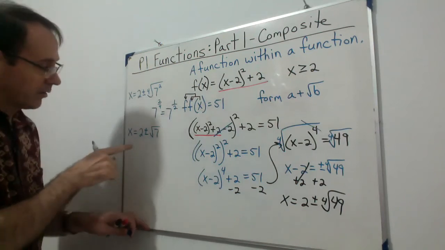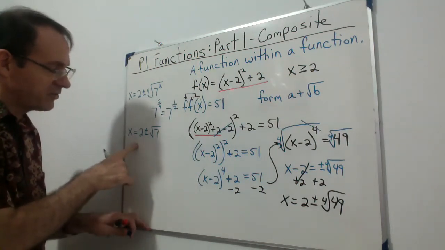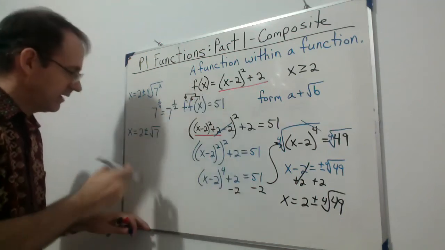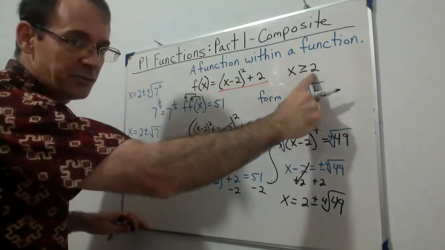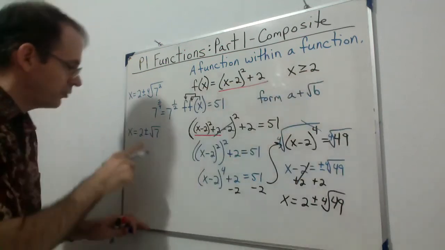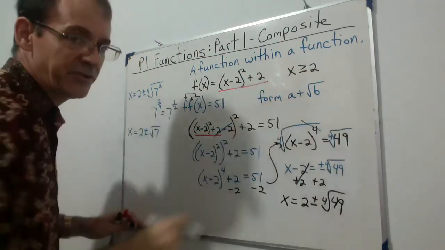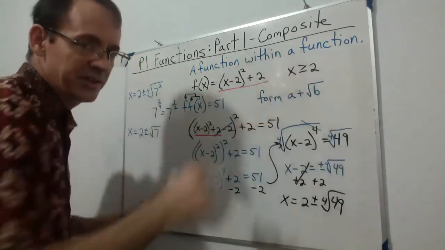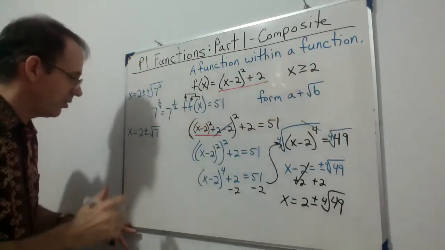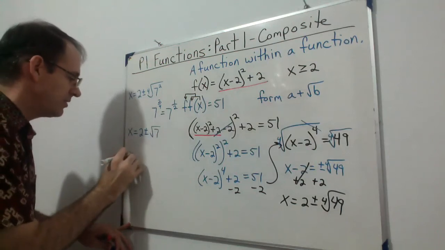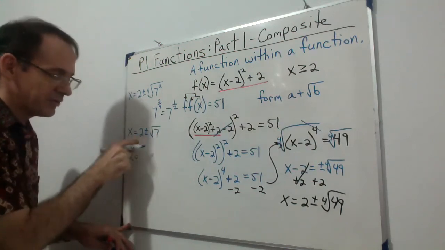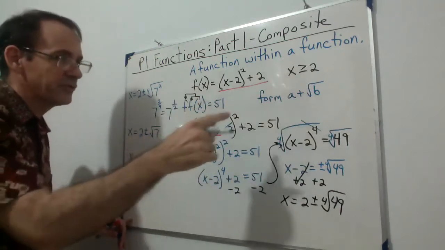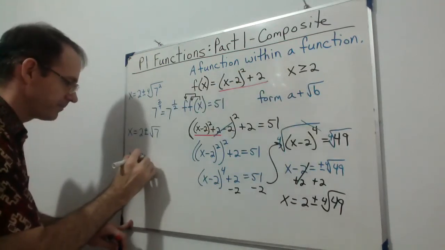But in order to plug this value into either f function, it has to satisfy this domain statement. It has to be greater than 2. So notice this says a plus root b. We don't need the minus because it will take us into the area of the domain that we don't need to go into. So we just want the plus. Obviously, if you subtract from 2, you get less than 2, not greater than 2. 2 plus root 7 will be greater than 2.